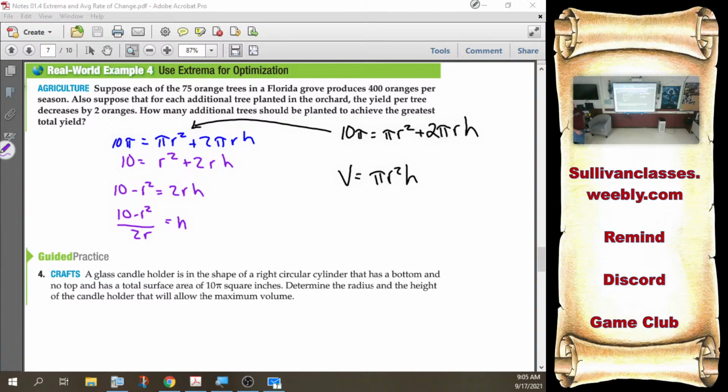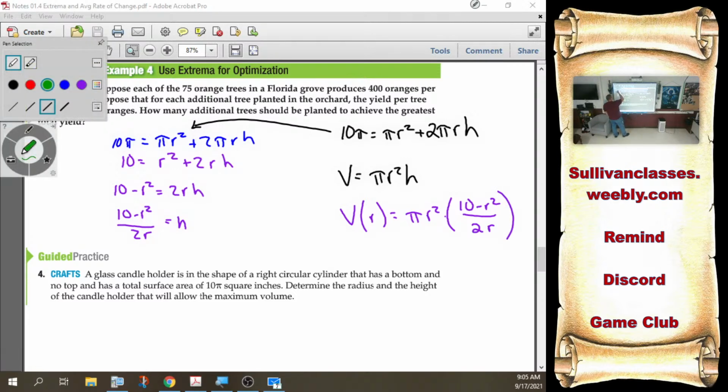Okay. You have to rearrange one formula to plug into the other one. And now I say the volume in terms of my radius is pi r squared times this whole honkin' thing, 10 minus r squared over 2r. Now I can simplify that, or I can plug it in just like that.